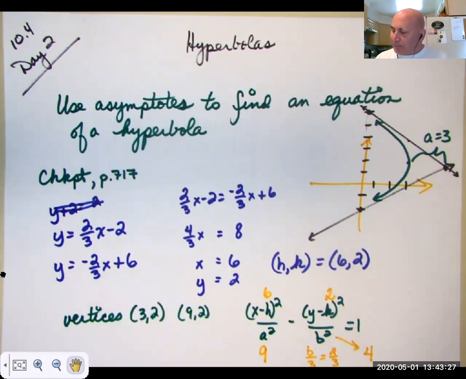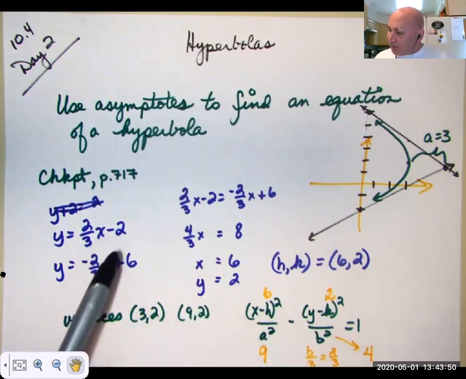The slope, in this case, is it a over b or b over a? Well, I hope you got it correct that it's plus or minus b over a, because the slope is going to be y over x, so it's going to be b over a.